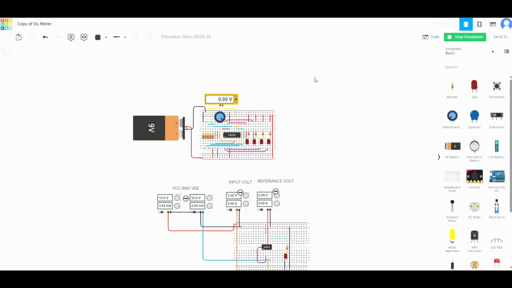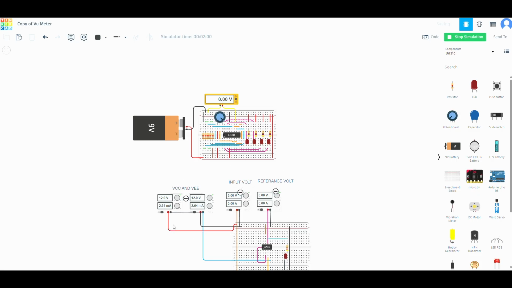To demonstrate how the sound will work, as the sound level goes 1, 2, 3, 4, 5, our LEDs will turn on. In this circuit, the voltage level goes 2, 4, 6, 8: for 2 this LED turns on, for 4 this turns on, for 6 this turns on, for 8 this turns on.